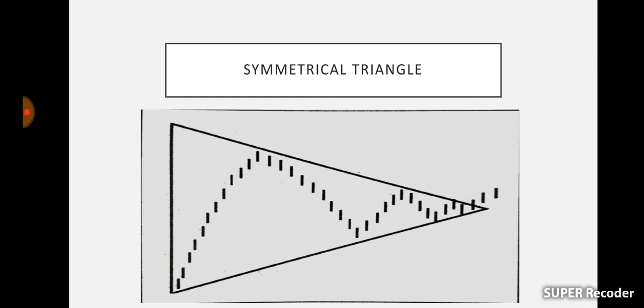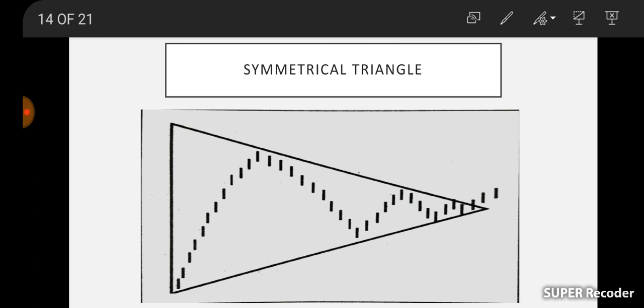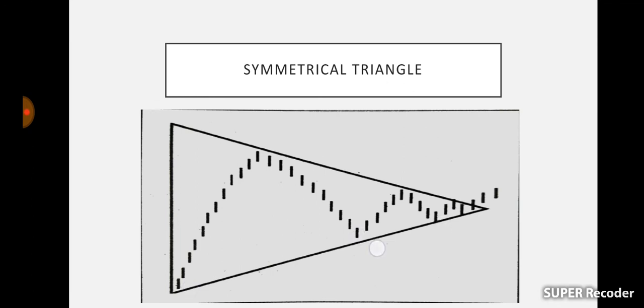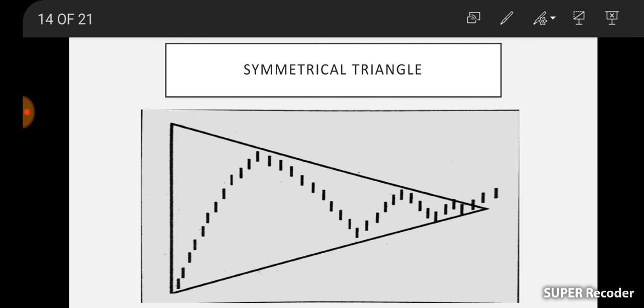And tops do not attain the heights of previous tops like this. This is the first height, then the coming heights are lesser than that, and the bottoms are higher than the previous bottoms. Here it is. The bottoms are higher than the previous bottoms.